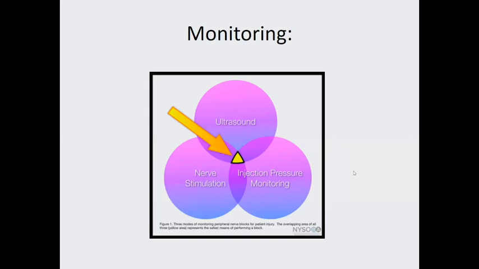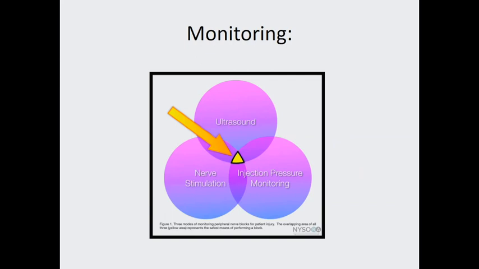What else can we use for safety? Why do we use ultrasound and nerve stimulation? One indication is with ultrasound to visualize the structure. The second is to see how the injected local anesthetic spreads over the nerve structure.